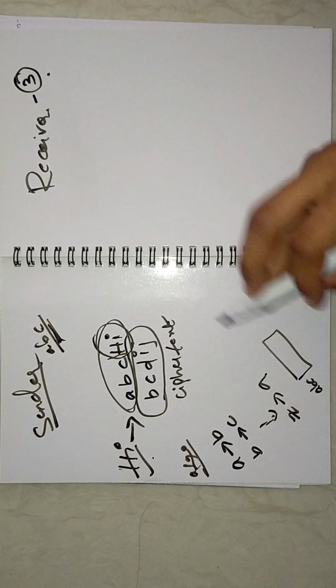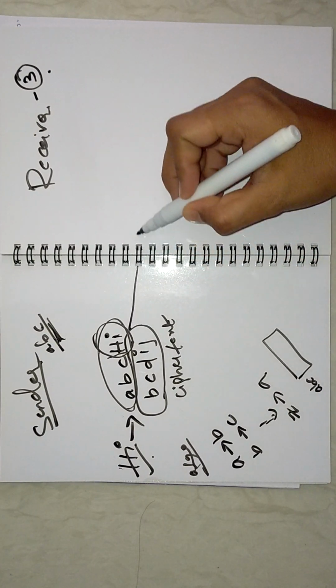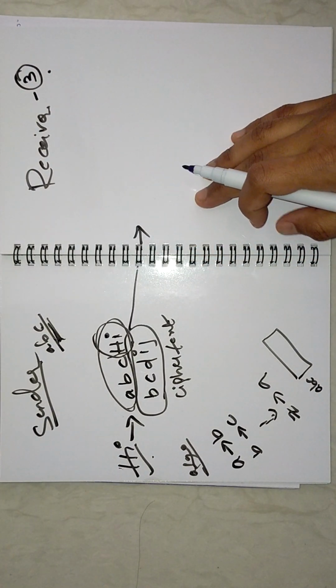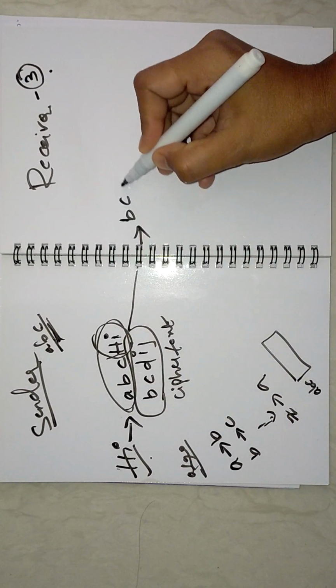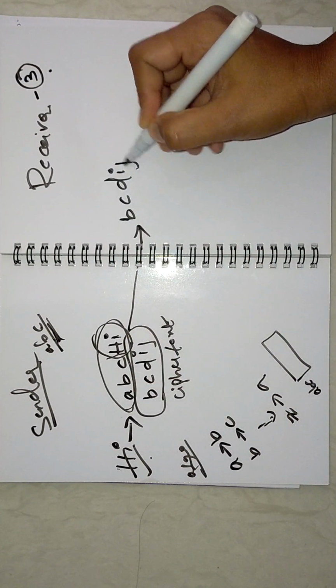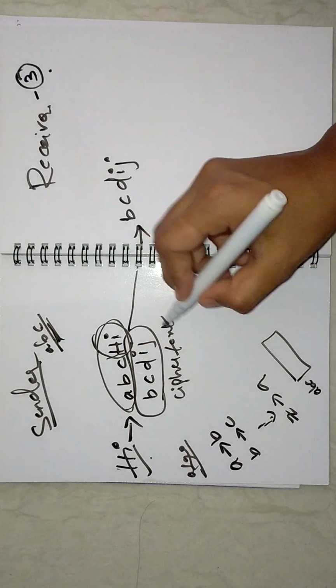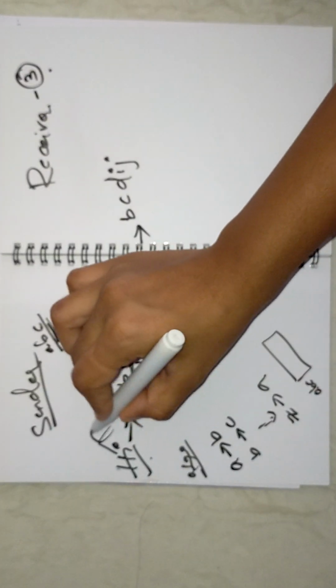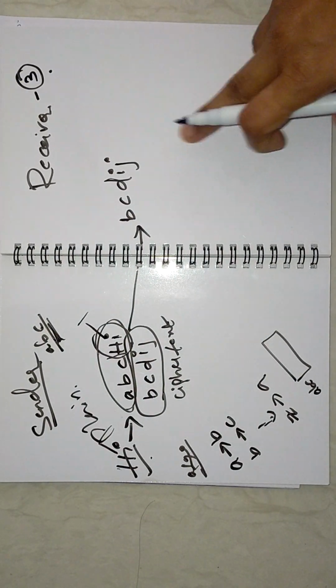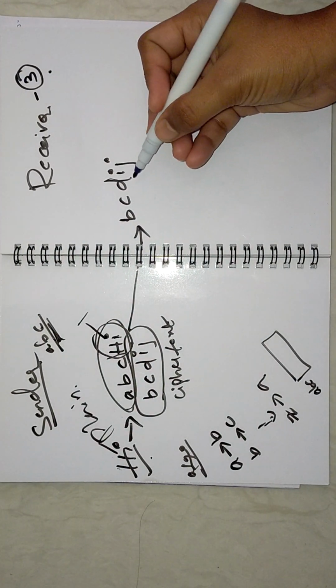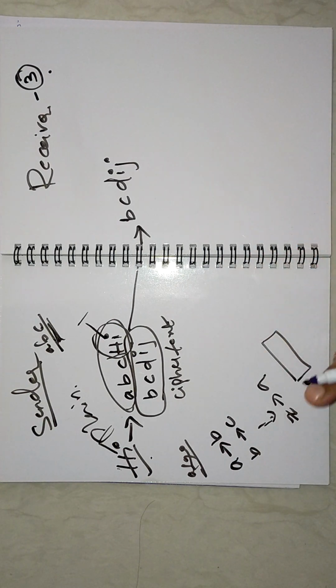Now we have converted it, so this information will be transmitted to the receiver. Now the receiver receives B, C, D, I, J as the ciphertext. This is ciphertext and this is plain text. The receiver will decrypt it, since they know the algorithm. They replaced A with B, B with C, so they'll just do the reverse process.